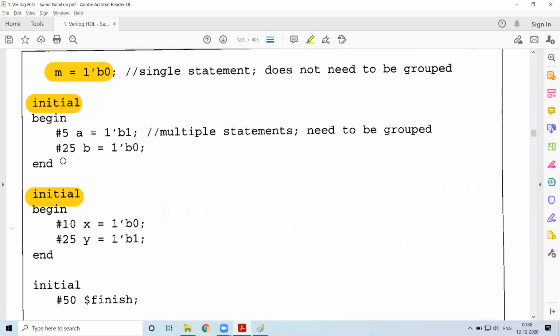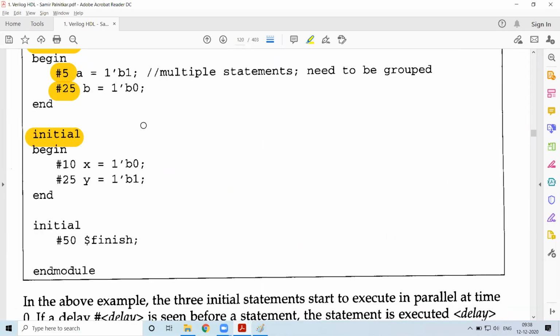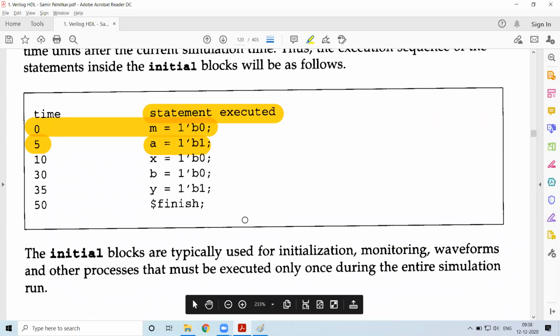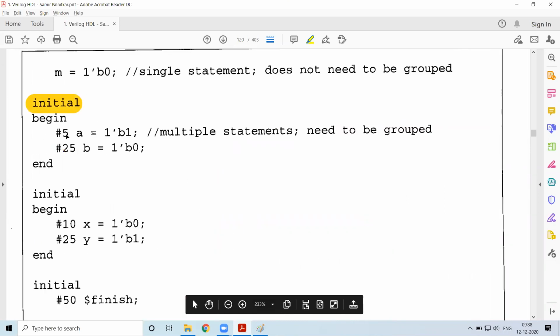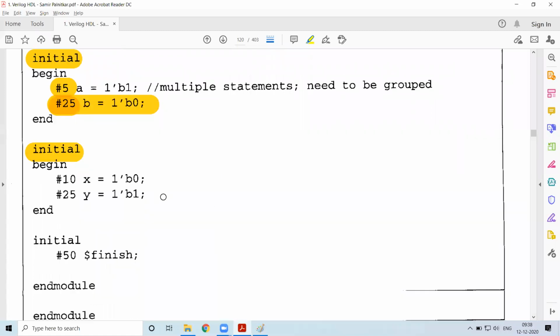Now in the next initial block, the delays are 5 and 25. So at 5 time units, this statement will be executed, that is, a is equal to this value. Since this statement follows that one, after 5 time units plus 25, at the 30th time unit, the next statement gets executed.